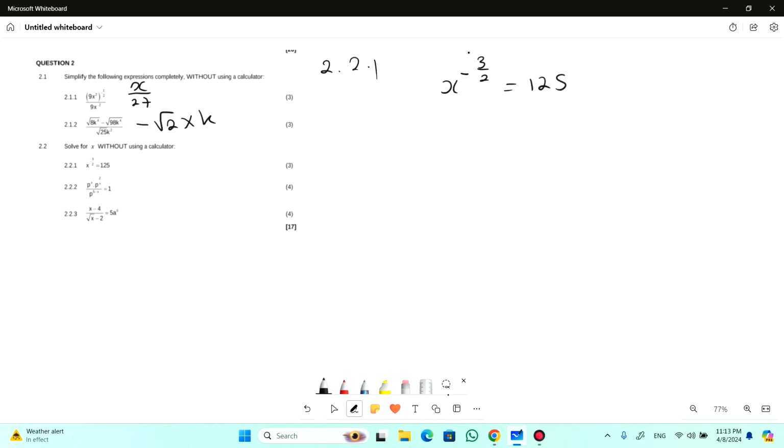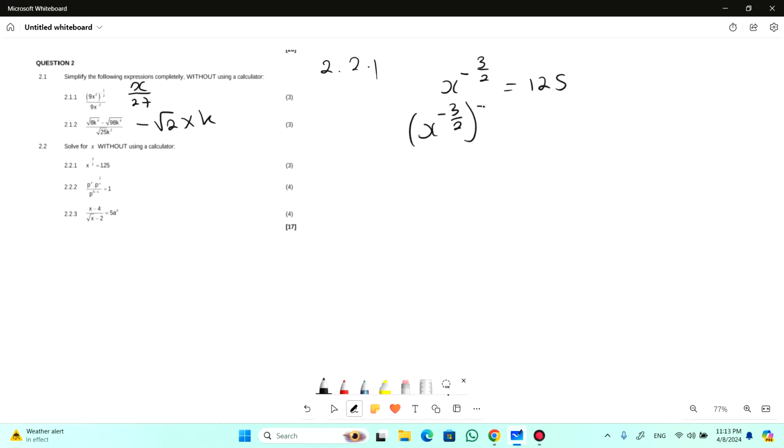So here what I can do is I can change this expression. I can say, well, x to the negative 3 over 2. Now ask myself, how can I remove this exponent here?